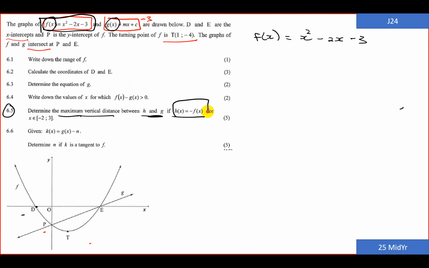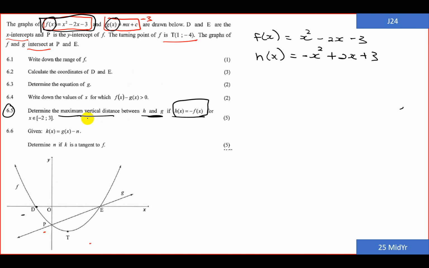Now they are telling us that h of x is the negative of this. So all we're going to do is change all the signs here to produce the h graph, which is basically a reflection of the f graph. But even if we don't know that, we're just changing all the signs.